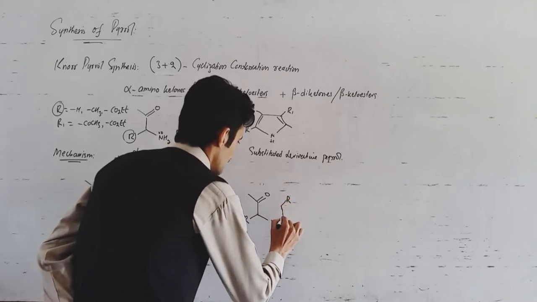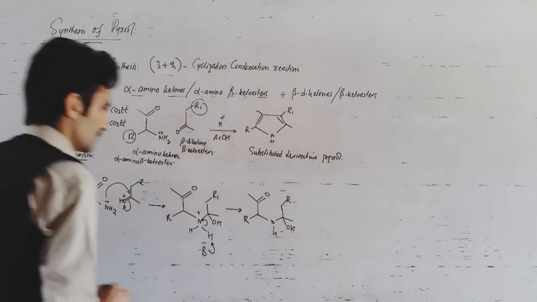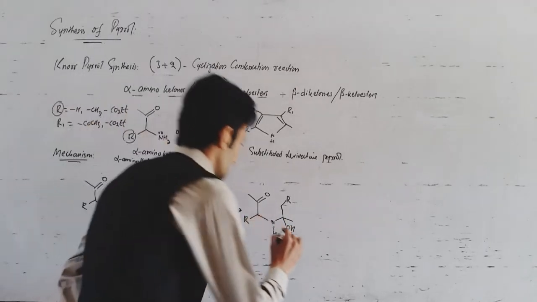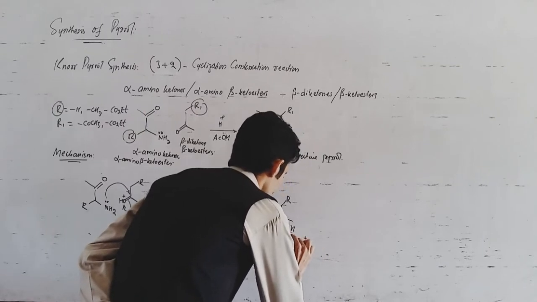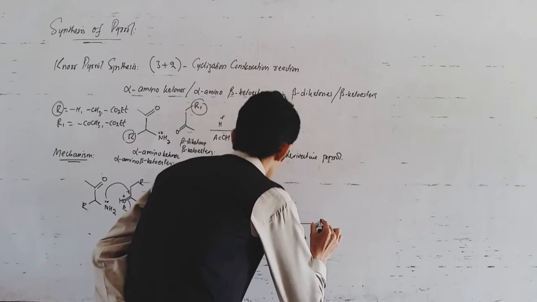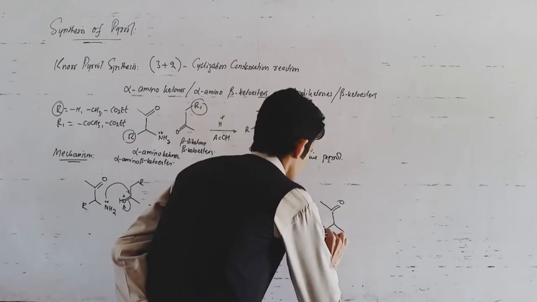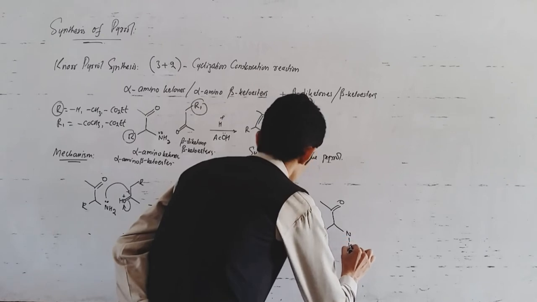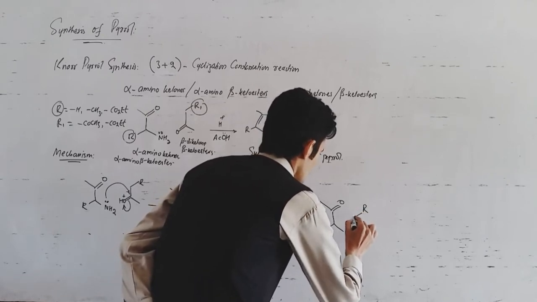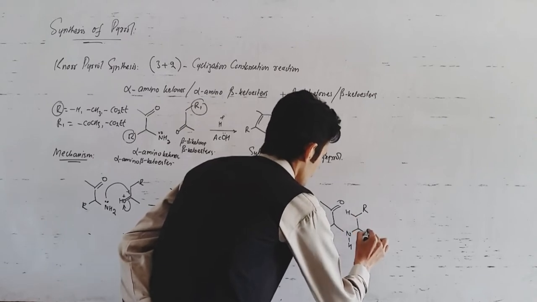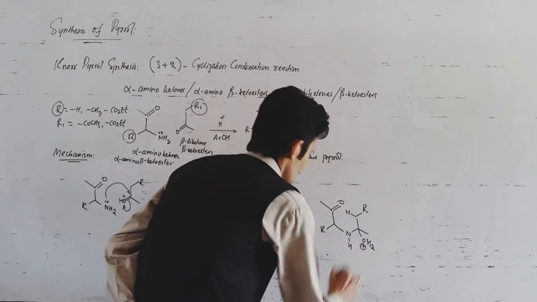This is R1, this is OH group. So here again the OH group will be protonated, giving a structure like this: R1, nitrogen, hydrogen, R1, here we have hydrogen as well. This is methyl group and this is protonated hydroxyl group.